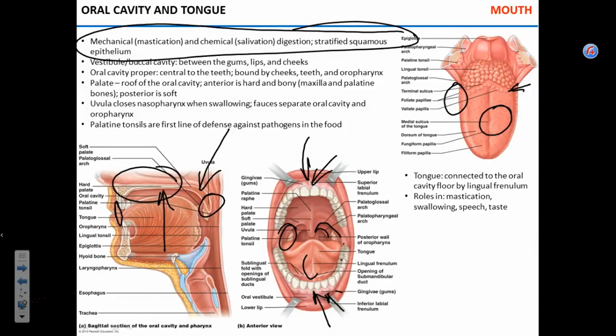I teach taste in AP1, so I'm not asking this in the exam, but there are 5 types, right? We have sweet, sour, bitter, salty, and umami. Umami is steak, cheese, tasty stuff.